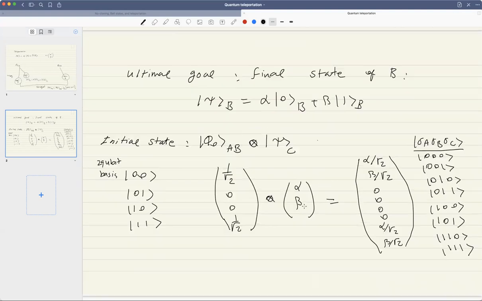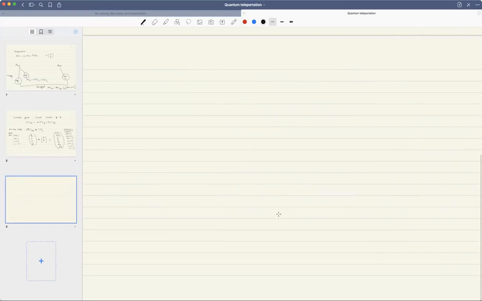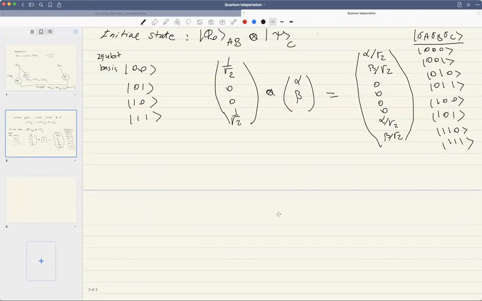All right. So if I want to write it in some expanded Dirac type notation, I would write my initial state. So let's call it psi initial.